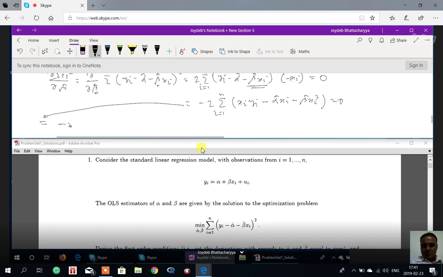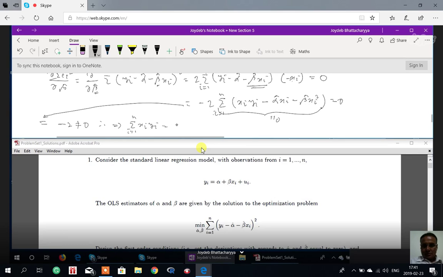So once again, minus 2 is not equal to 0. Therefore, this entire bracketed expression, from here till here, this component is 0. When this component is 0, then the summation is equal to. So what we get from here is summation xi yi remains on the left side, i running from 1 to n, and on the other side the minus moves over with a plus.